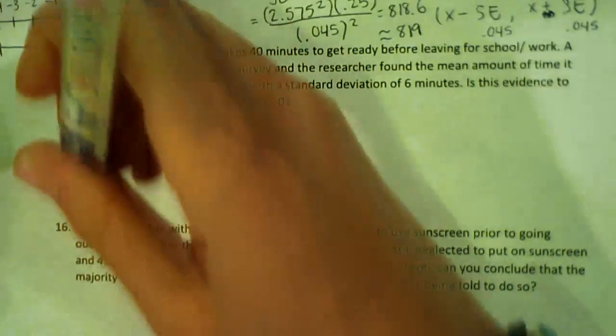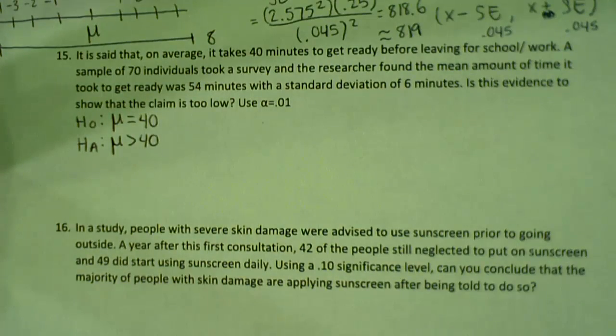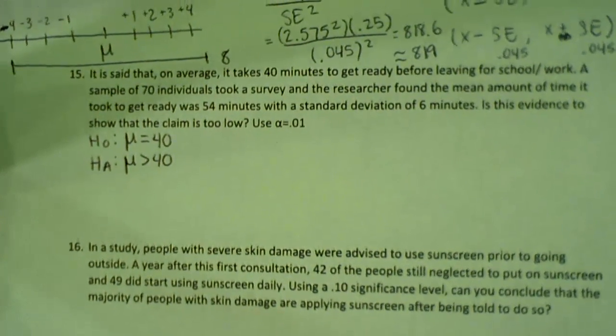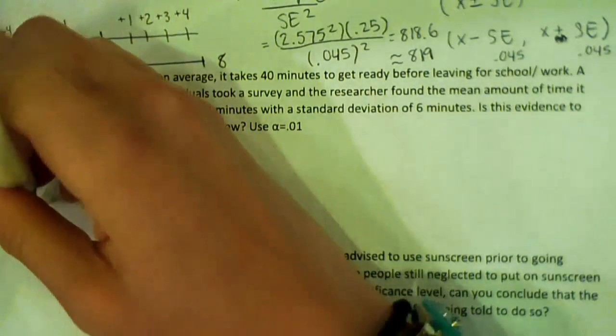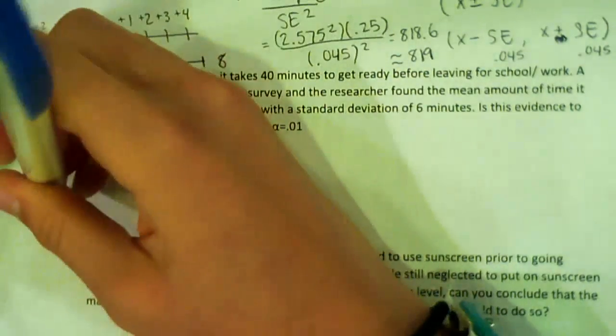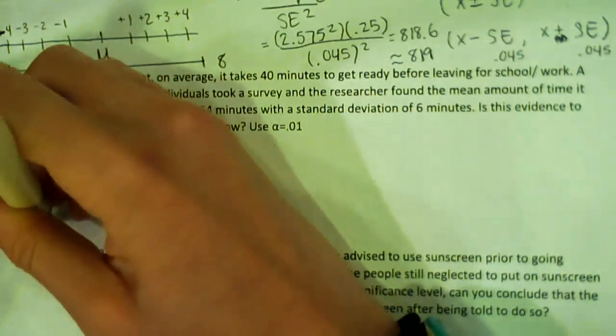Exactly. It's greater than 40. All right, and then again, we'll write out all our variables that we know that are given. We have 70 as our sampling size.